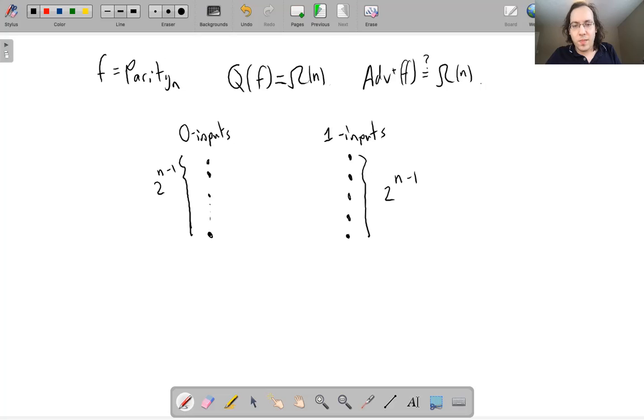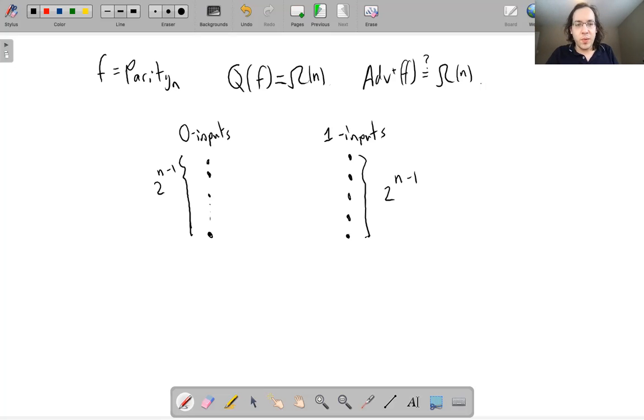Okay, fine. The trickier part of the argument will be to decide which 0 inputs are connected to which 1 inputs. And here we don't want to connect everything to everything. What we want to do is connect each 0 input only to the 1 inputs that are most similar to it. And the ones that are most similar to it are the ones that disagree on 1 bit in this case.